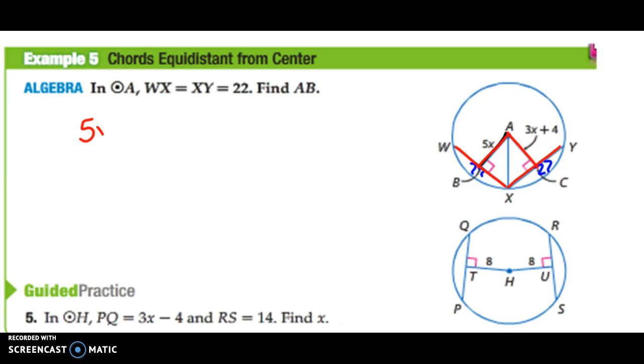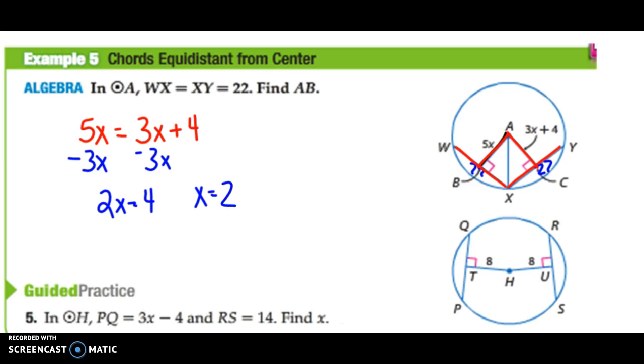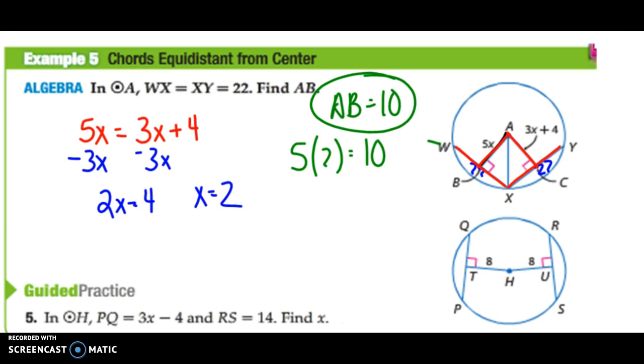So we're going to say 5x is equal to 3x plus 4. Okay? Now I can solve. I subtract 3x from both sides. Okay, and I get 2x is equal to 4, which means x is equal to 2. Okay? So if we were going to find the length of AB, all I have to do is take 2 and plug it into 5x. So 5 times 2 is going to be 10. So AB is equal to 10. Easy enough, right? So really that 22 doesn't even come into play at all.